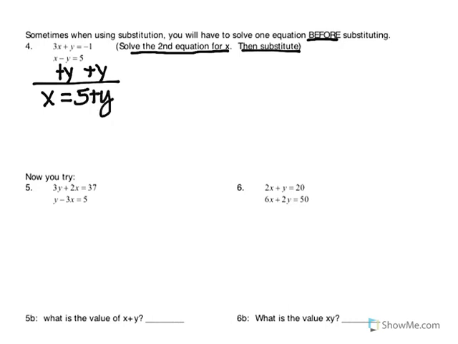So now I know what x equals. X equals 5 plus y. So let's take this 5 plus y and we're going to substitute it for x in the other equation. So we have 3x plus y equals -1. That's the original equation.